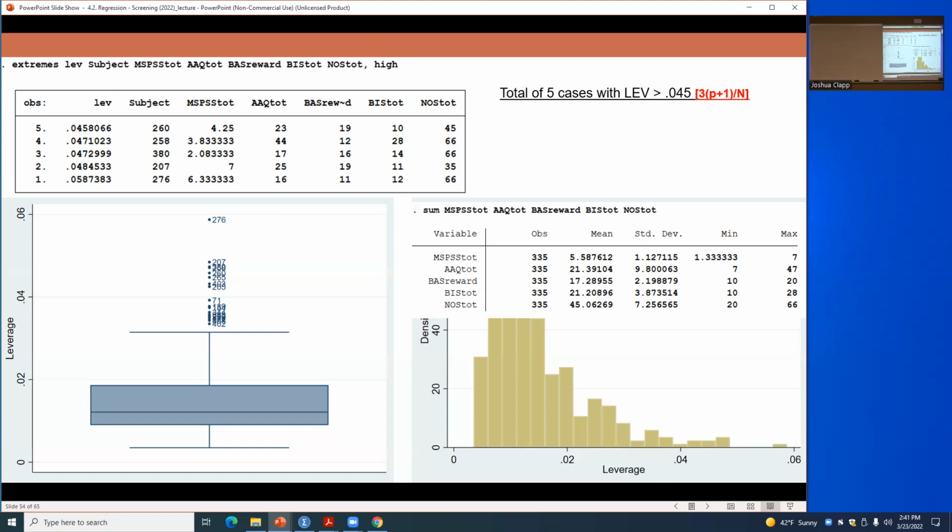Is this person part of the population of interest? Are these valid scores? Sometimes you're going to get combinations that literally cannot exist in the universe, which suggest that maybe that person is not taking things seriously or didn't understand instructions. So we're going to spend a lot of time thinking about what's actually going on.